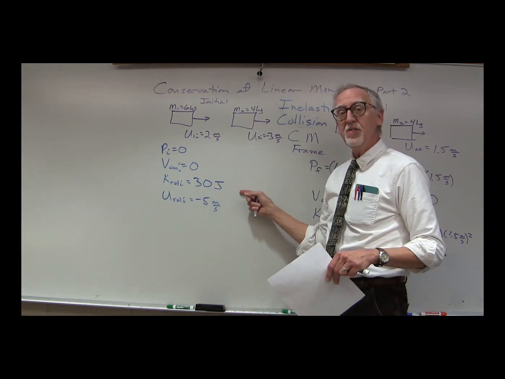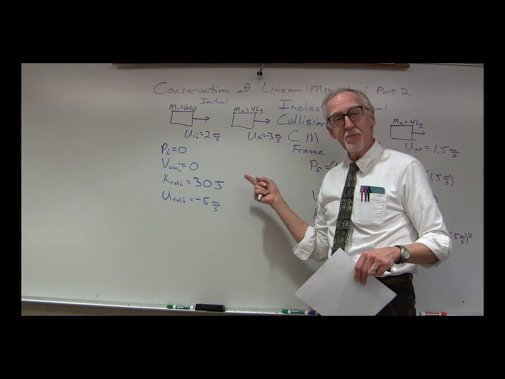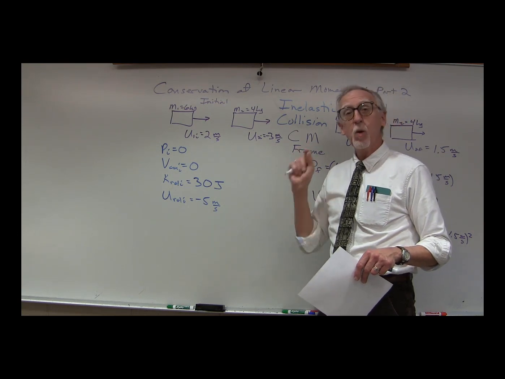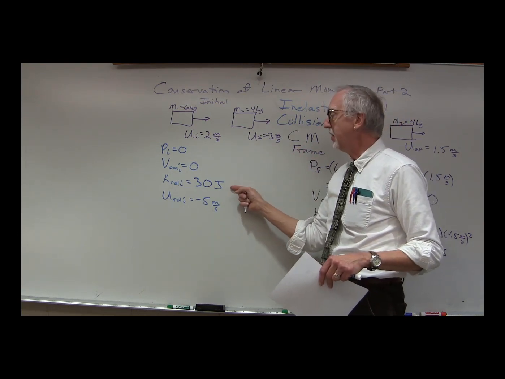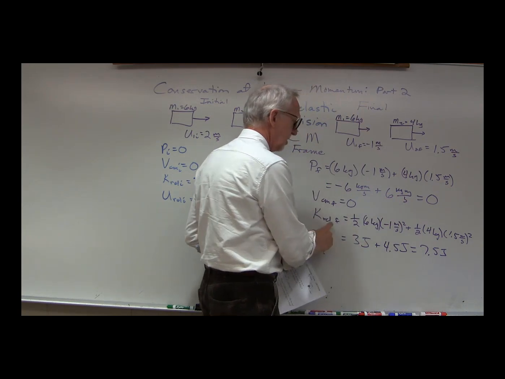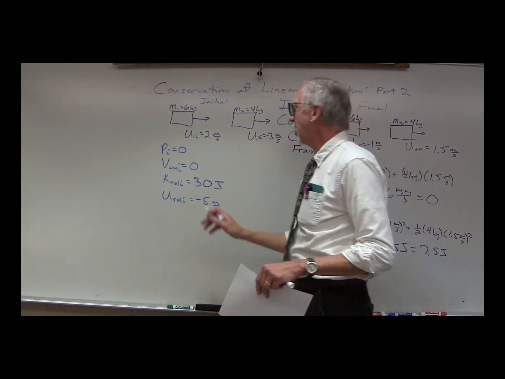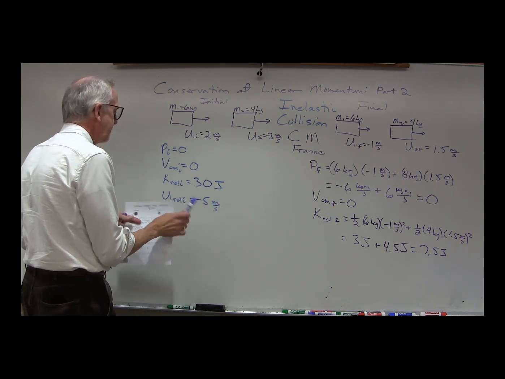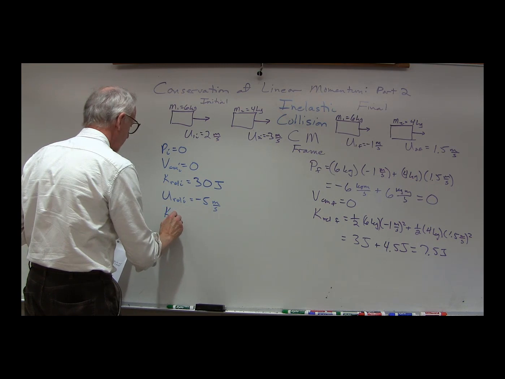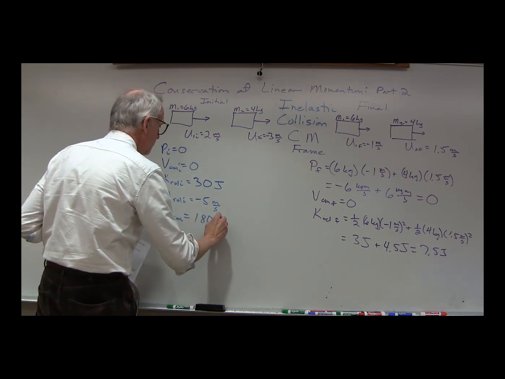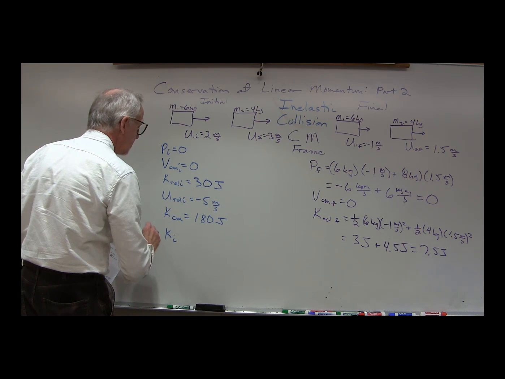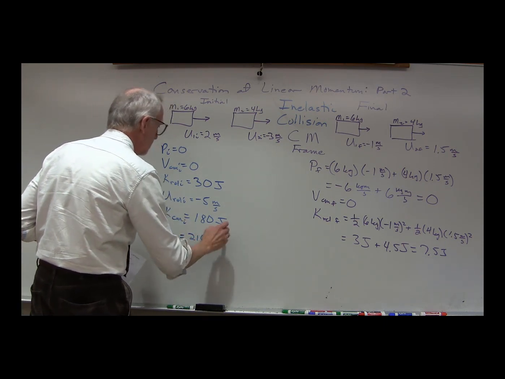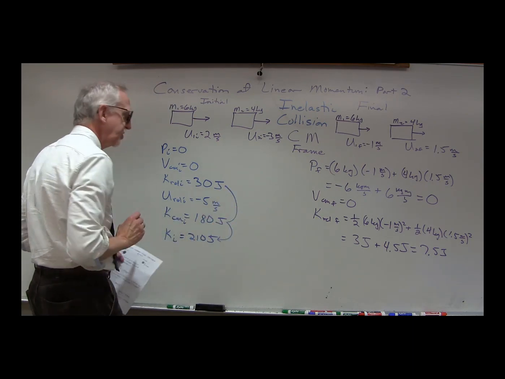But what is the kinetic energy of the center of mass? It's still the same. Where the energy has been lost is in the relative kinetic energy. Remember, K CM was 180 joules, and total initial kinetic energy was 210 joules: 30 plus 180 gave us 210.